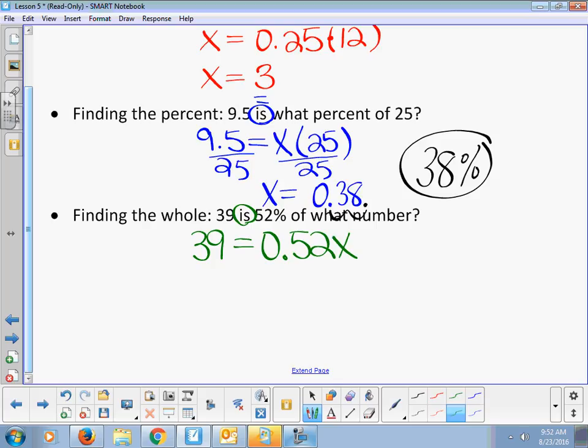So we want to divide both sides by what number? 0.52. And we get that x equals 39 divided by 0.52, which is 75.